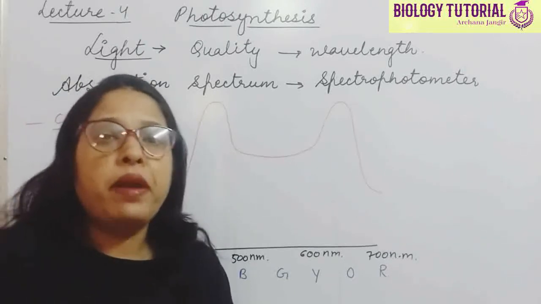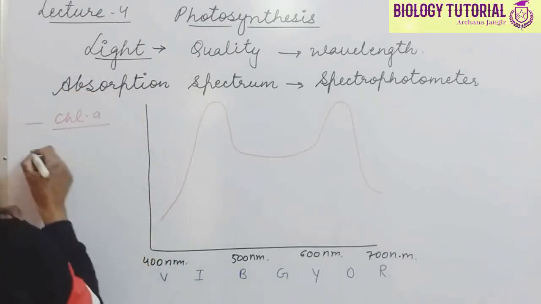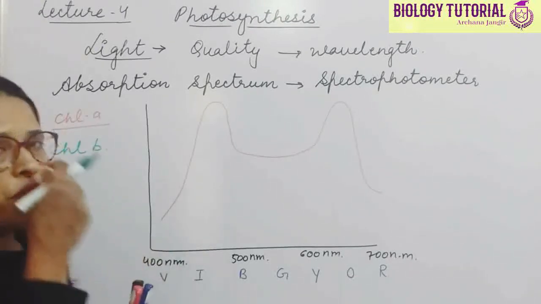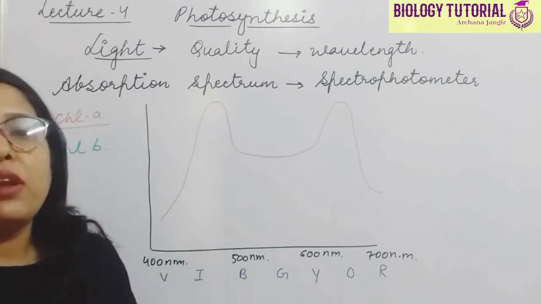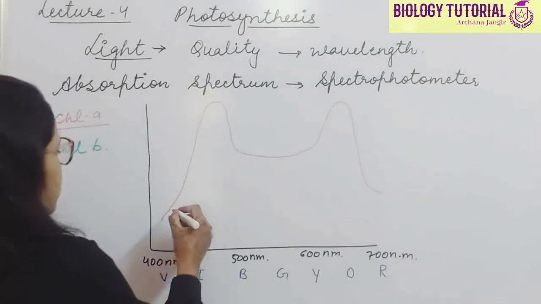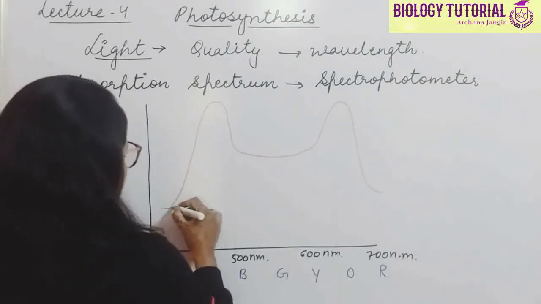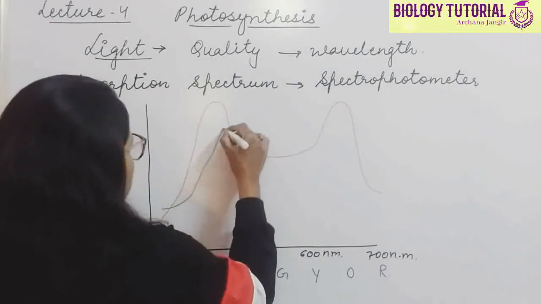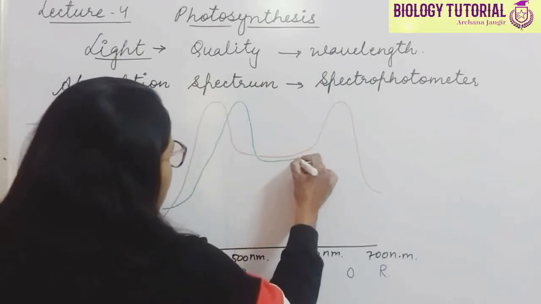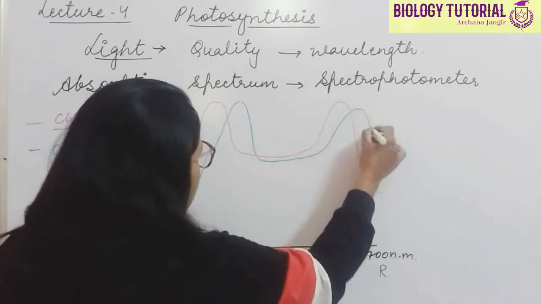The second pigment, which is the chlorophyll A, chlorophyll B, not A. This is chlorophyll B. This chlorophyll B is going to absorb the light near 500 nanometer. It means blue light, slightly tilted towards it, and another peak at this light.